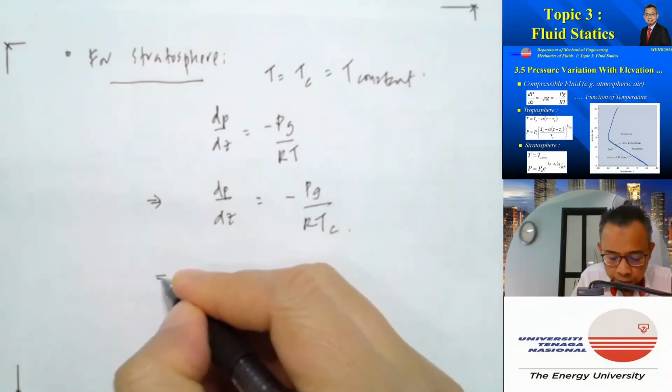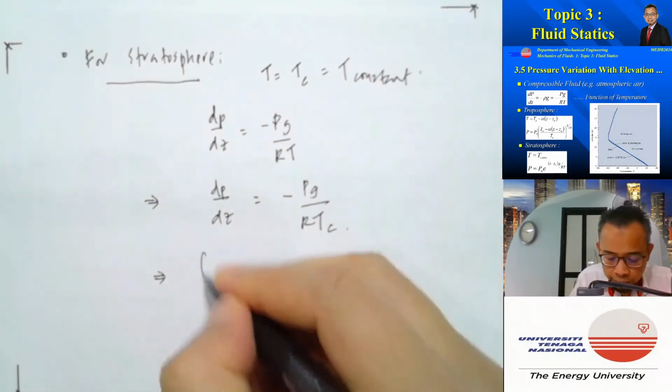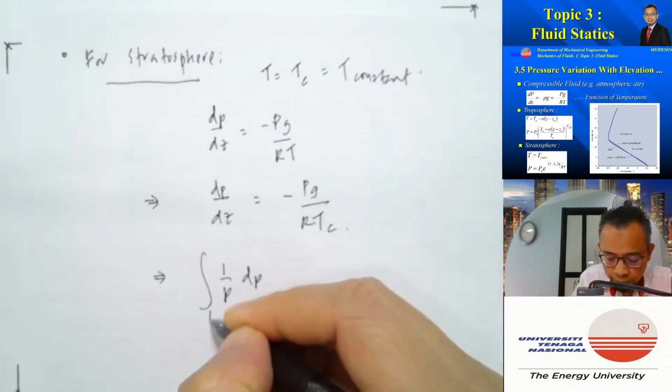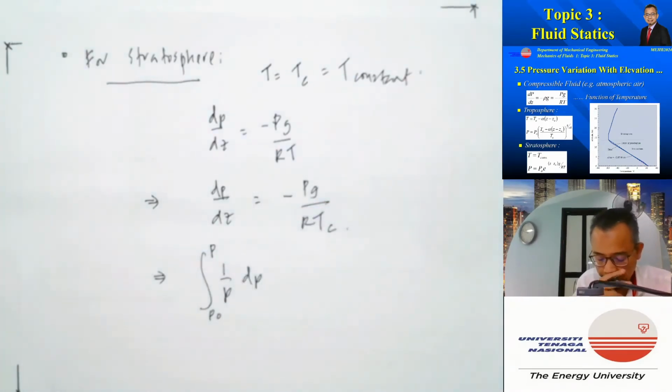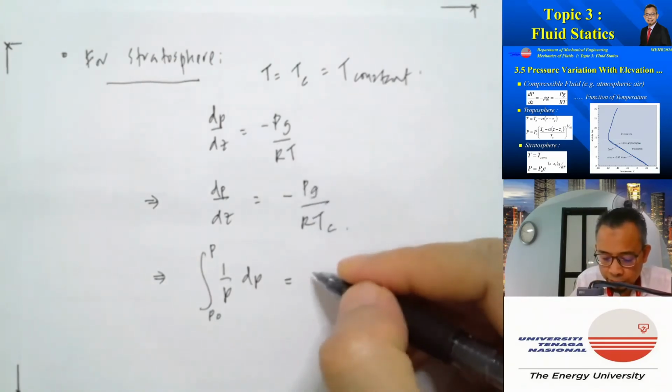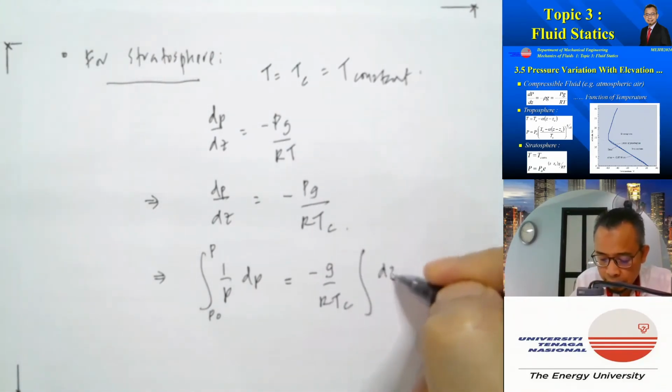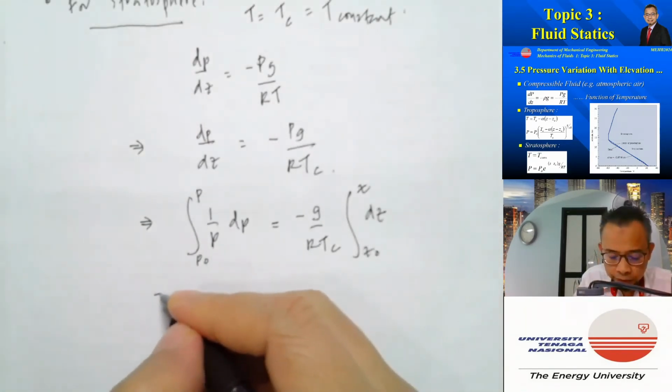If I integrate again, I have 1 over P dP from P0 to the P that we want to find out, equal to, now that everything is constant, minus g over R Tc dz from z0 to z.